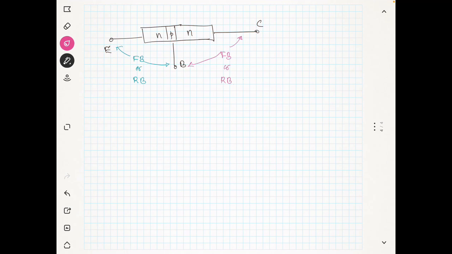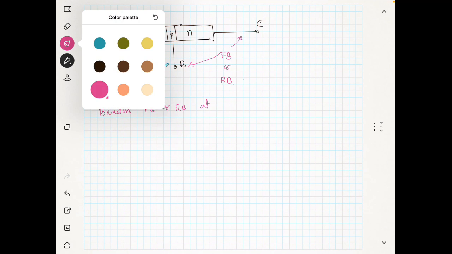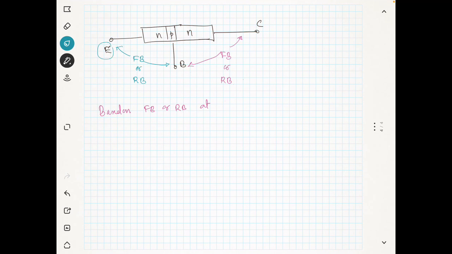So based on the forward bias or reverse bias at the emitter base, you see here I am talking about this region. This is the emitter and this is the base, so this region we will call the emitter base region.